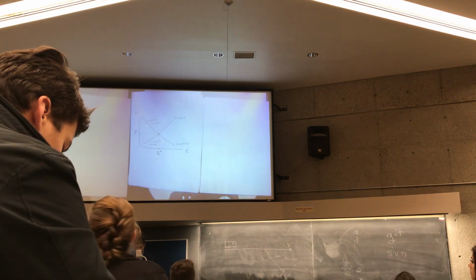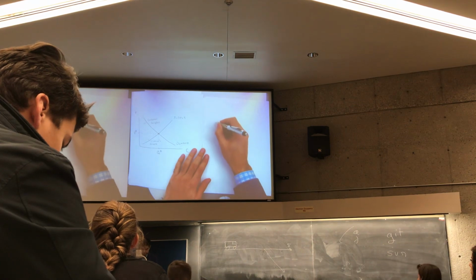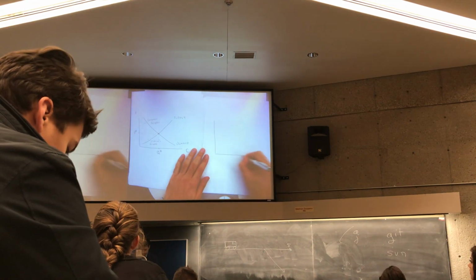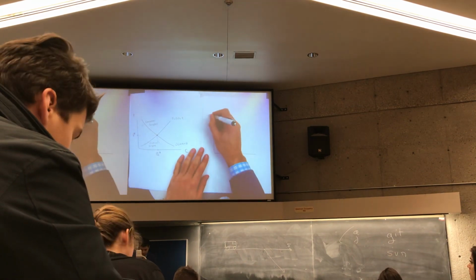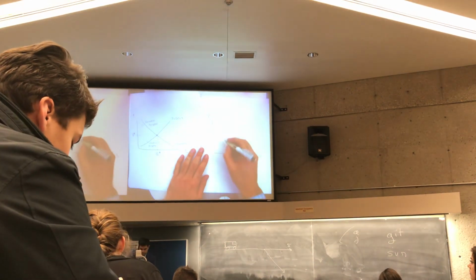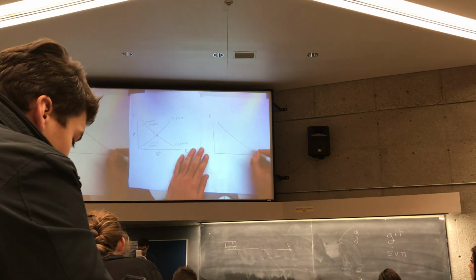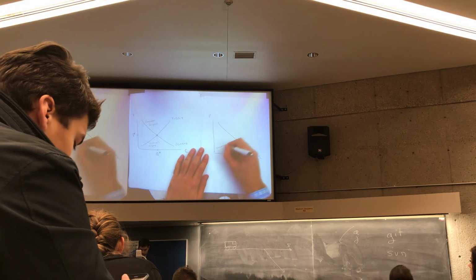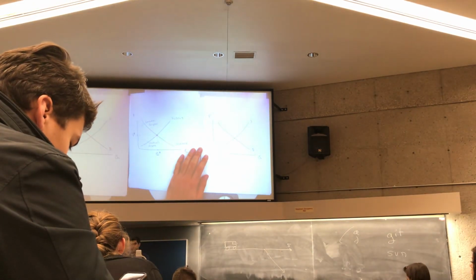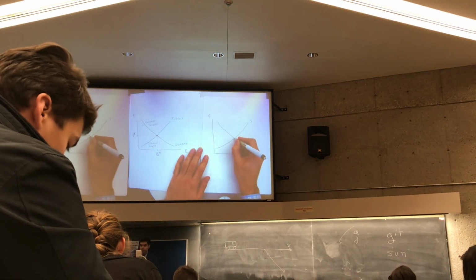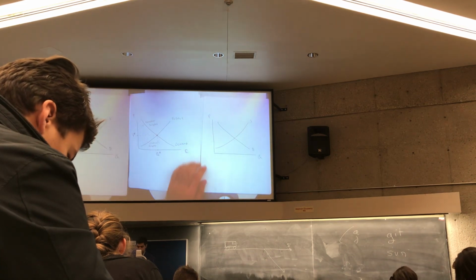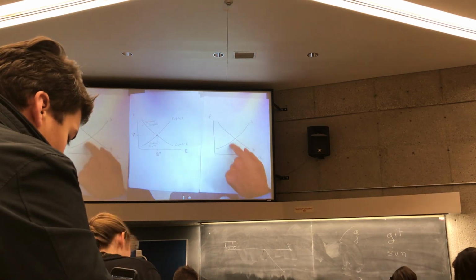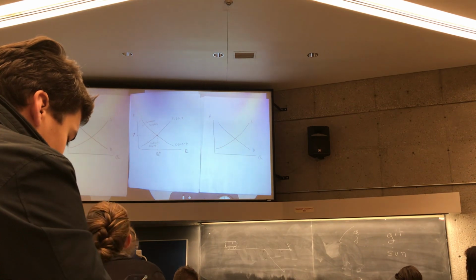Let's now look at quantity. We've got our demand curve and our supply curve. This is the equilibrium price, right? Now the government comes in and says this equilibrium price is too high.